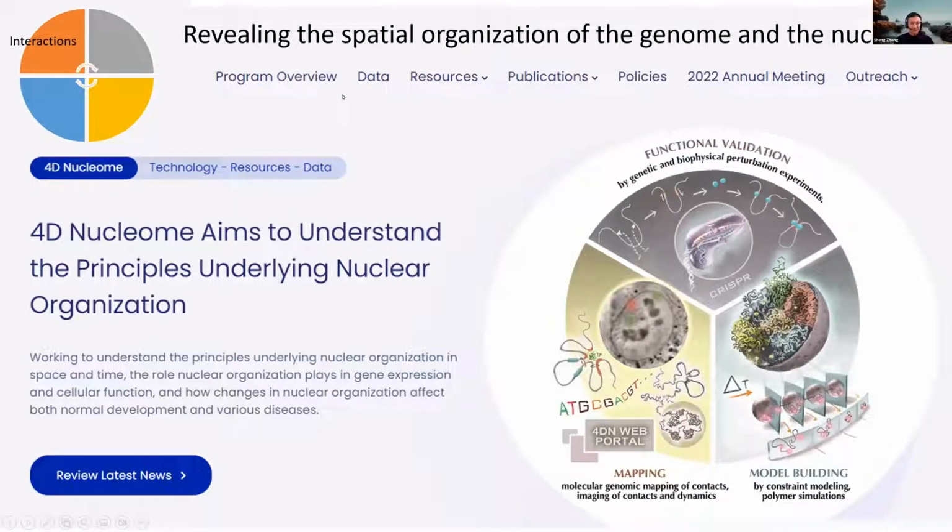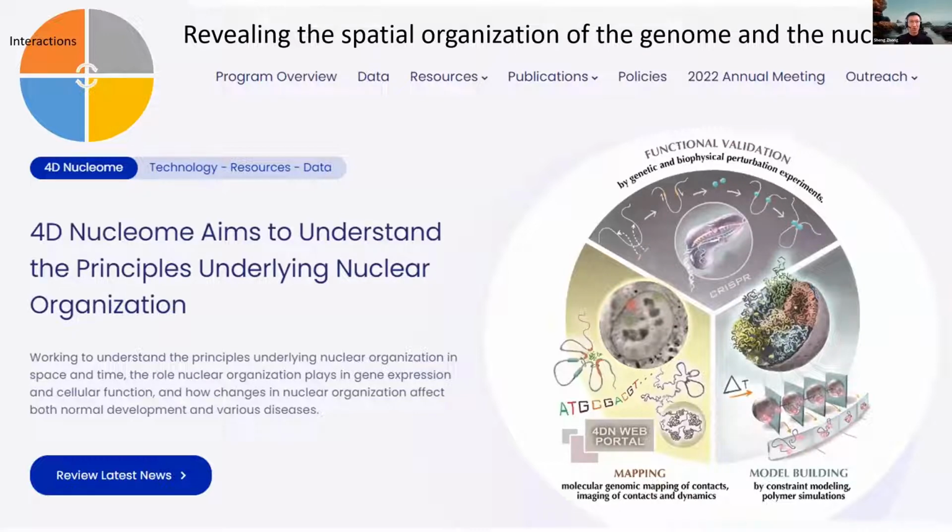There is a 10-year trans-NIH consortium that wishes to review many types of interactions and generally the organizational structure of the genome as well as other molecules such as proteins and RNAs inside the nucleus. So this word nucleome relates to nucleus and ome, so everything about nucleus in 4D, with 3D as the 3 dimensions plus the dimension of time, in total 4D.